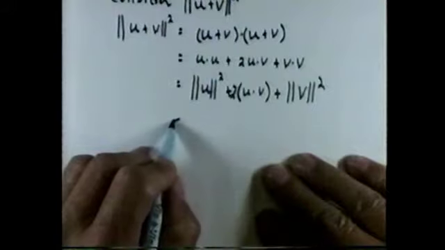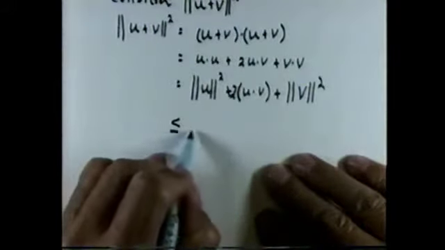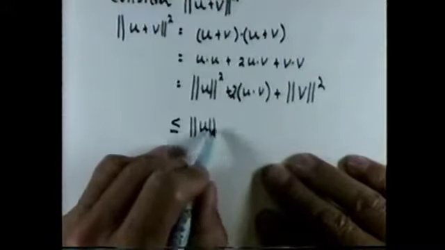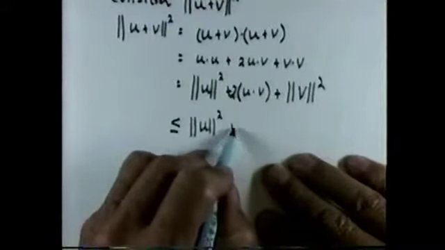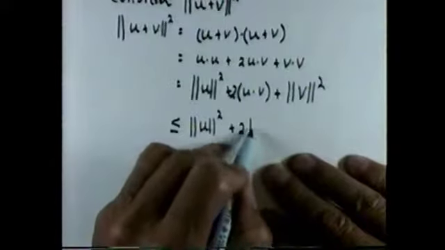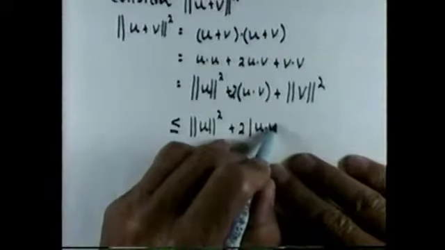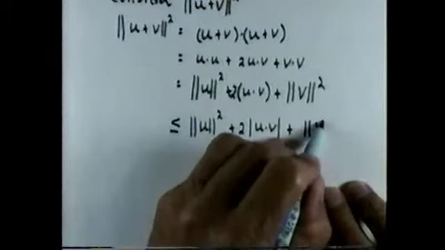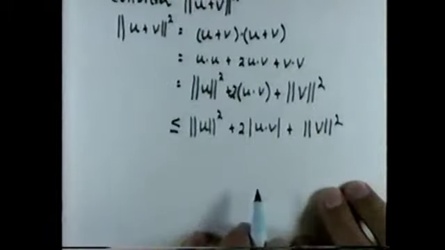Which is going to be less than or equal to the magnitude of u squared plus 2 times the absolute value of u dot v plus the magnitude of v squared.